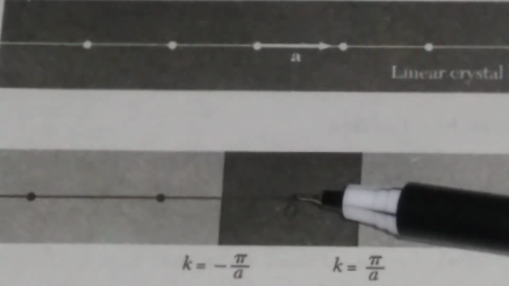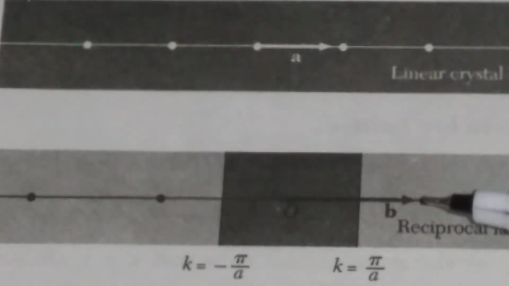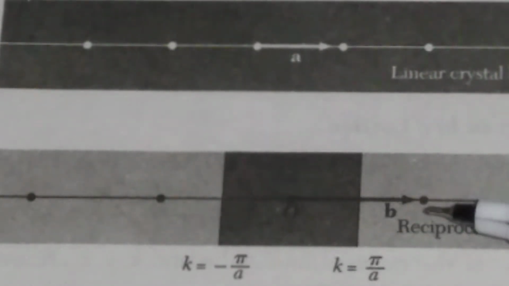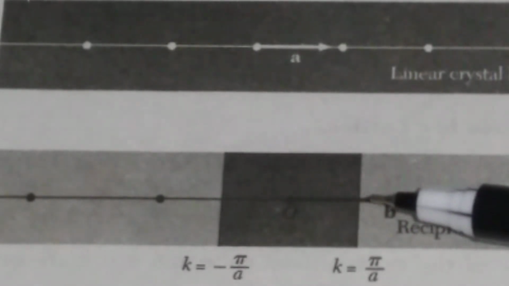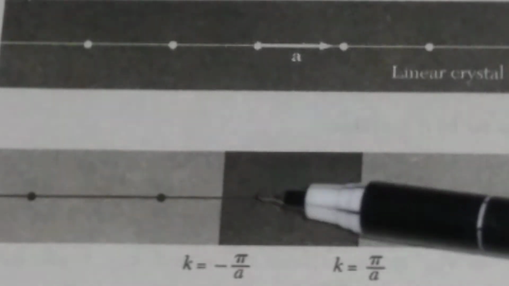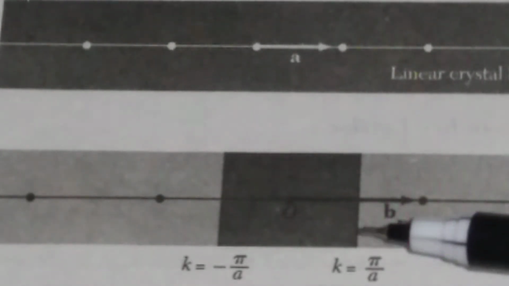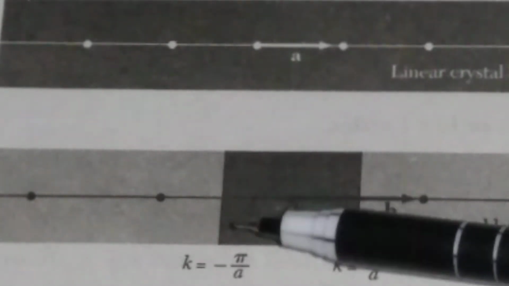From this point O, then at the midpoint of this basis vector from O to this point, the midpoint is this one. So at the midpoint of the basis vectors B and minus B, you draw a perpendicular bisector. This is the perpendicular bisector. This is also the perpendicular bisector.